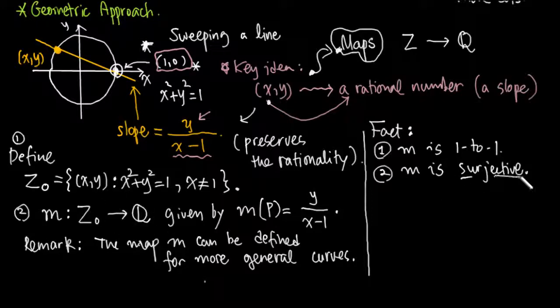It means that if you choose any slope, as long as it is a rational number, there will be a point such that the slope between that point and (1, 0) is the arbitrary rational number you chose on the right-hand side. So every slope is realized as the slope of two points on this unit circle. Every point is realized and no two points have the same slope, and that's the summary of these two things.